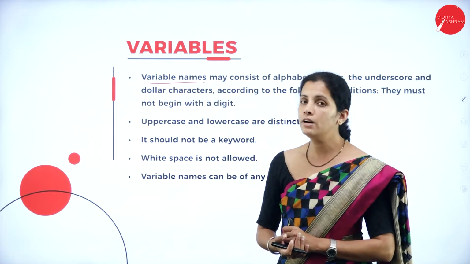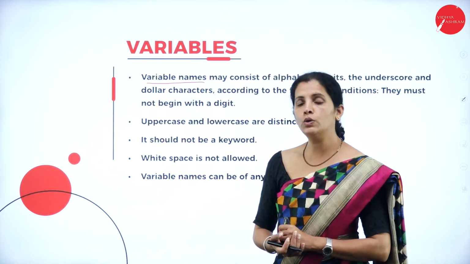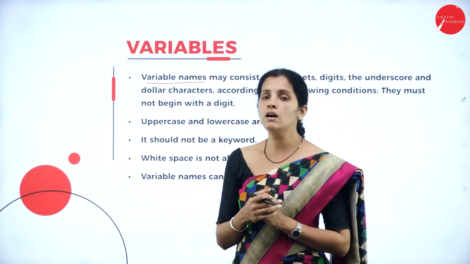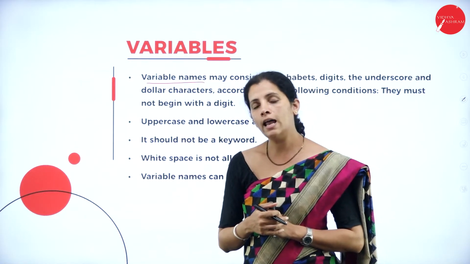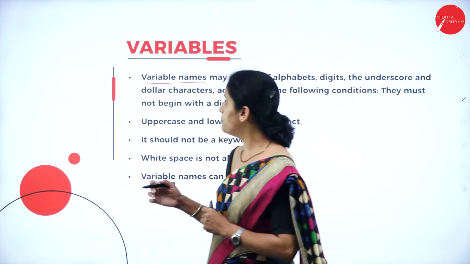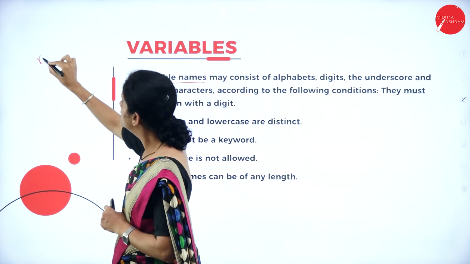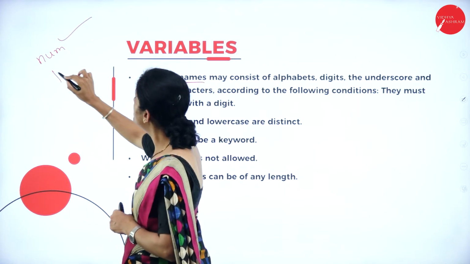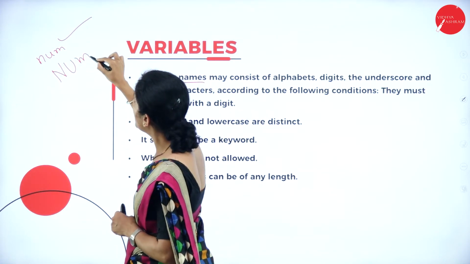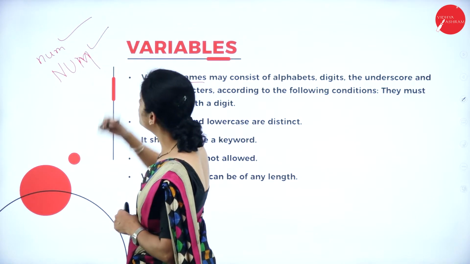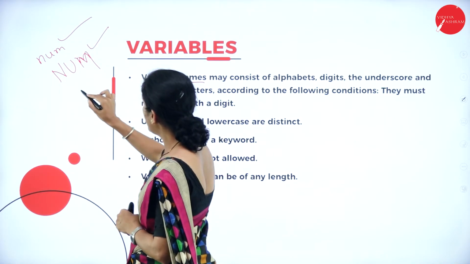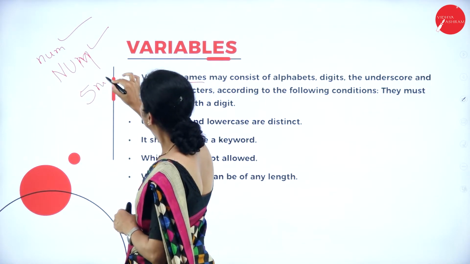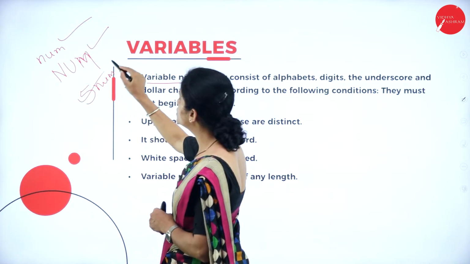In that, the first rule is that I can define the variable by using uppercase letters, lowercase letters along with digits. For example, if I write number, this is also valid. If I write NUM, this is also valid. And if I write number with NUM, this is also valid.